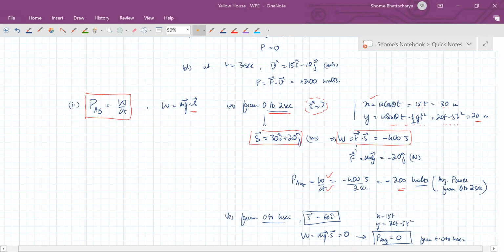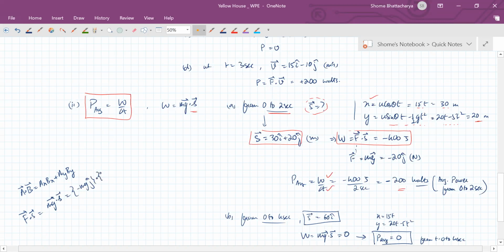Dot product, beta. Do not forget the basics, na. Dot product of two vectors kya hota hai? Ax bx plus ay by. So if I'm doing F dot s and the F is basically mg. So mg as a vector is what? Minus mg j cap.